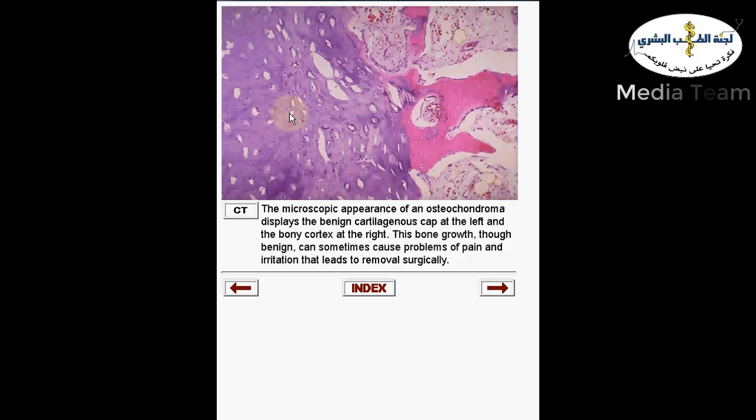As we have said, benign cartilage is very hypocellular. The chondrocytes are evenly spaced. In each lacuna, we have only one nucleus. There is no pleomorphism, no mitosis, nothing. And the osteoid part to the right side of the picture has very mature osteoid trabeculae, and we have fat in between them.